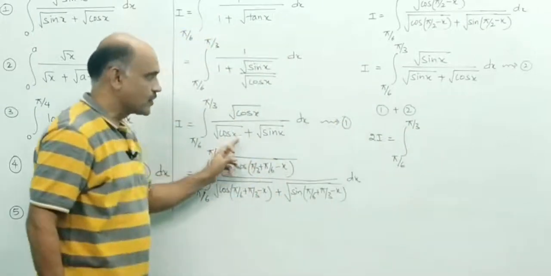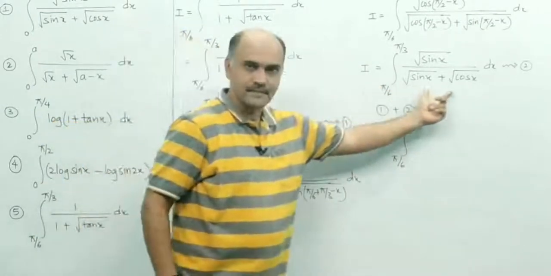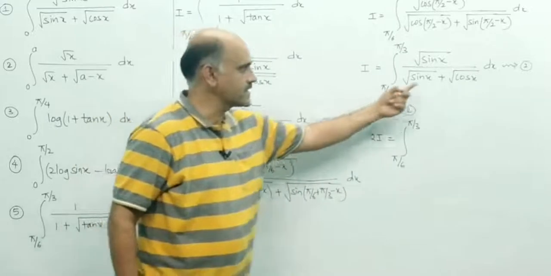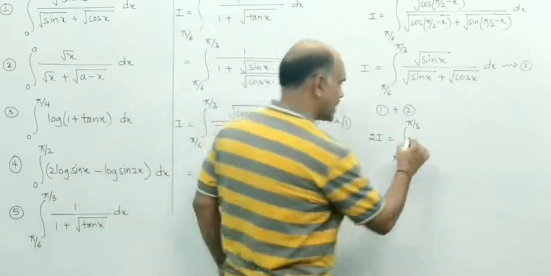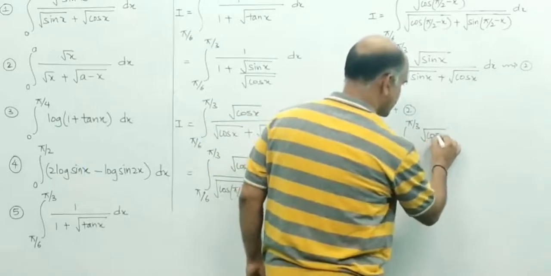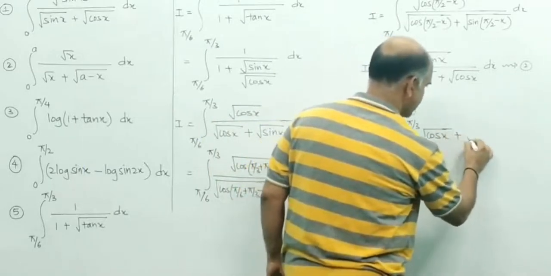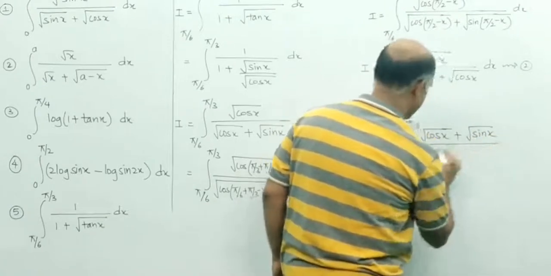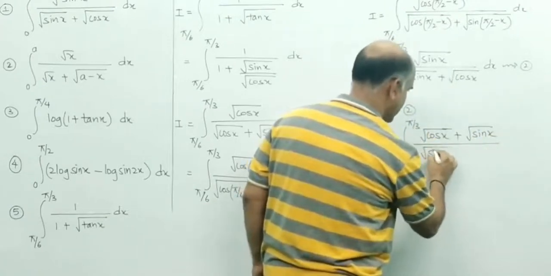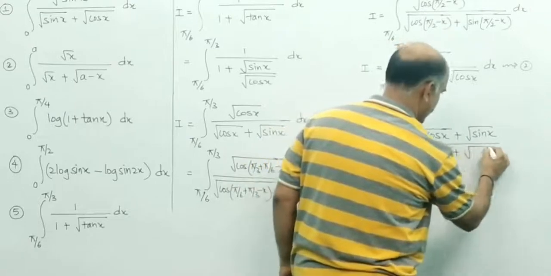The denominator here and here is the same, so the numerators can be added directly. So you will get root of cos x plus root of sin x whole divided by root of sin x plus root of cos x dx.